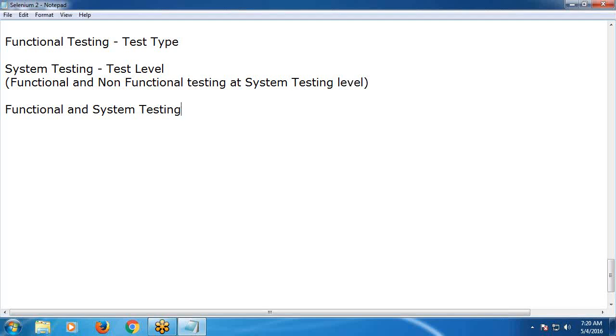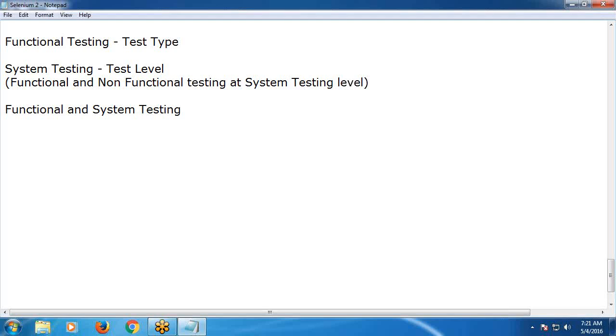Suppose Delhi and India. No, Delhi is part of India. See here, observe. Functional and system testing. Functional testing is part of system testing. Now I am saying functional and system testing. Is it a correct term or incorrect term? It's incorrect because it's part of system testing. Part of, but it is a correct term only.